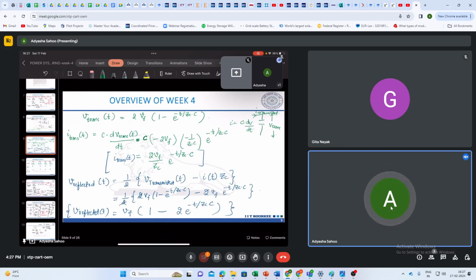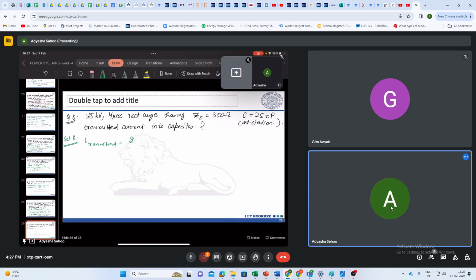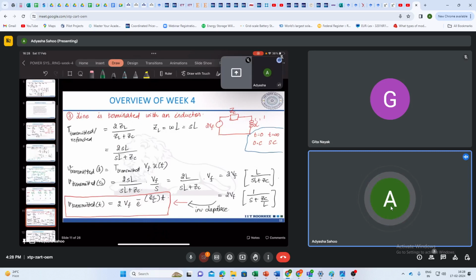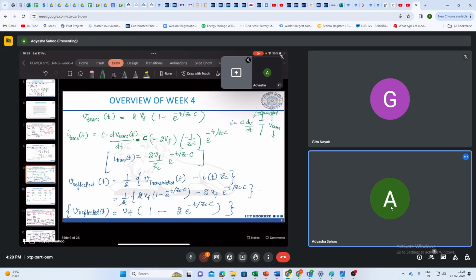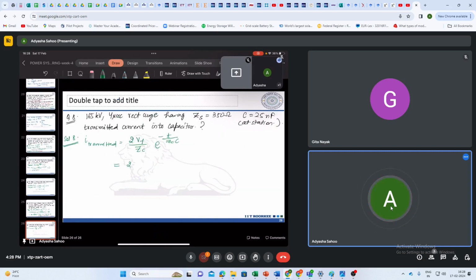Yeah, this is I transmitted is 2VF by ZC, times e to the power minus t by ZC C. So 2 into 165, ZC is 350, t is 4 into 10 to the power minus 6, ZC is 350, C is 25 into 10 to the power minus 9.